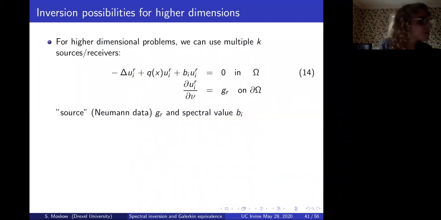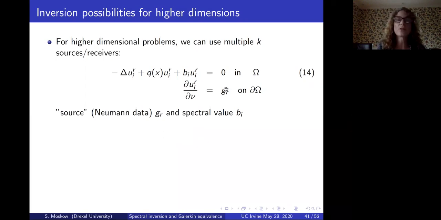So for higher dimensional problems, how do you use this in higher dimensions? Well, the nice thing is that everything really just goes naturally into higher dimensions. What you want to do in higher dimensions is use K different sources and receivers. You could do one source receiver in higher dimensions, but we can also do a number K of source receivers.